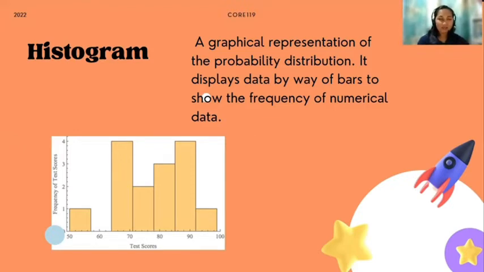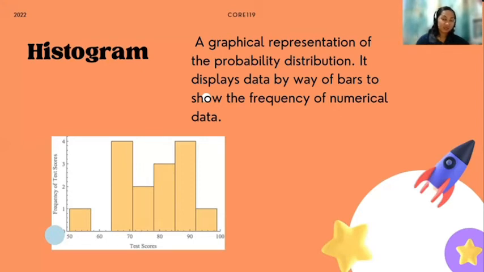But in bar graphs, bars do not touch each other, so there are spaces between bars. In terms of width, in a bar graph, the width should be the same for each bar. But in a histogram, it doesn't necessarily mean that we have the same width.